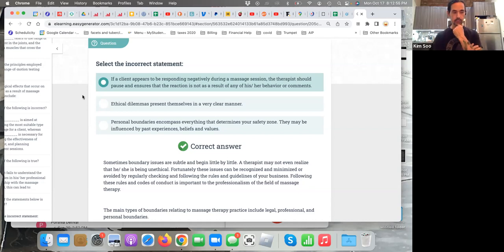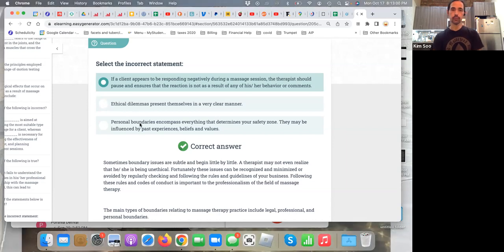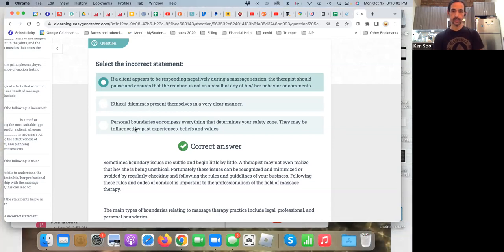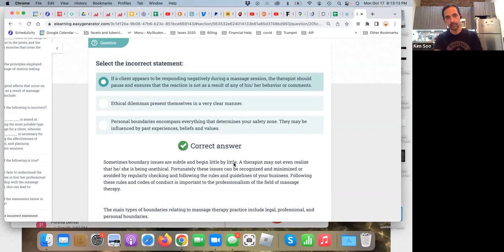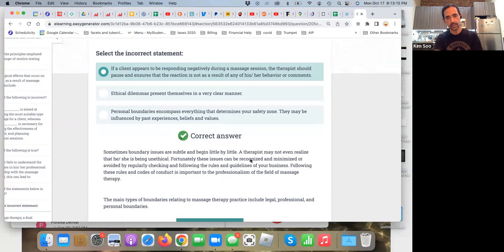Okay, so the explanation refers to the two correct statements. Ethical dilemmas present themselves in a very clear manner. Sometimes boundary issues are subtle and begin little by little. No, that's not supporting what I'm saying. I'm sorry.